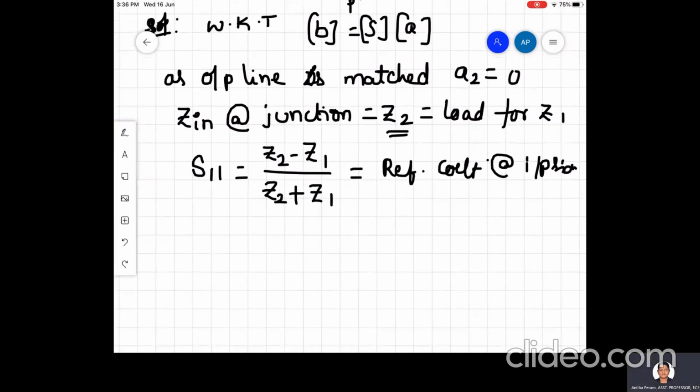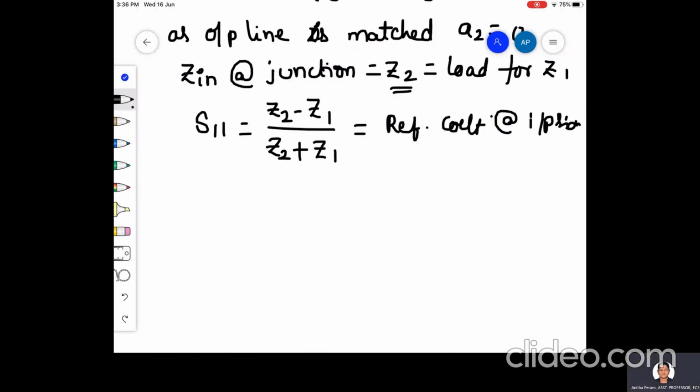Similarly, the same theory can be applied because of symmetry.